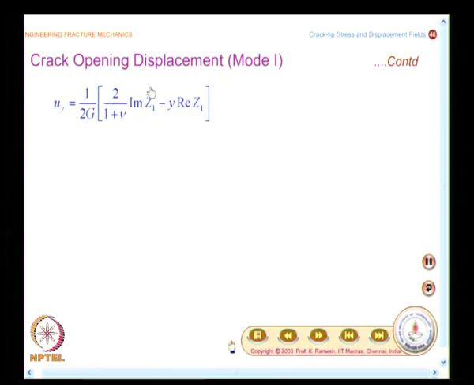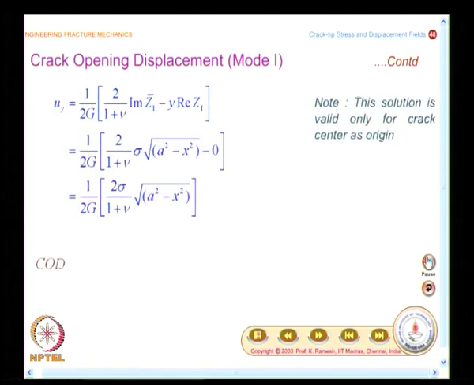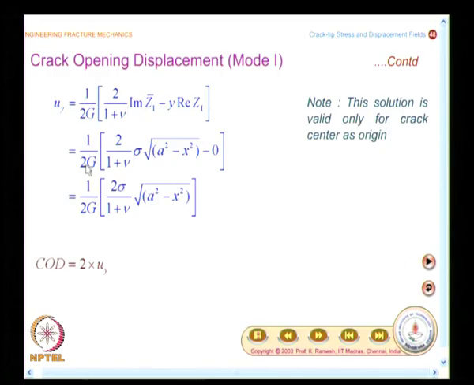Now, I can substitute the imaginary part very comfortably. I do not have to worry about the real part of z1, because I am considering the line y equal to 0. So, the second term gets knocked off. So, I have the expression like this. I have uy finally turns out to be 1 by 2 g, 2 sigma divided by 1 plus nu, root of a squared minus x squared.